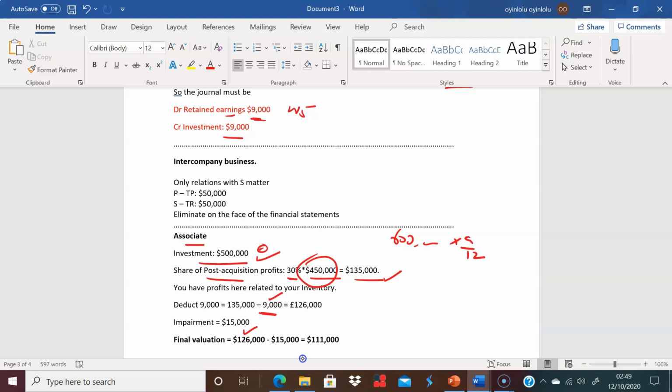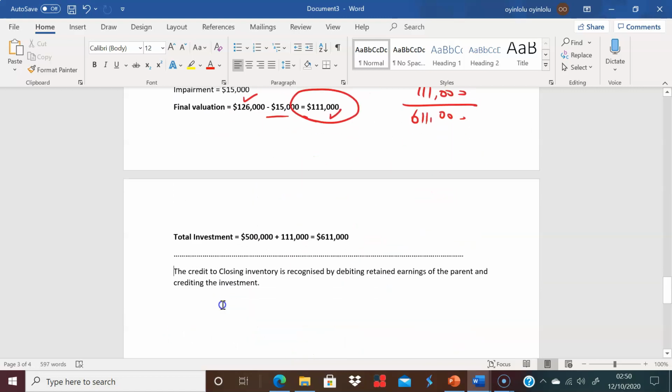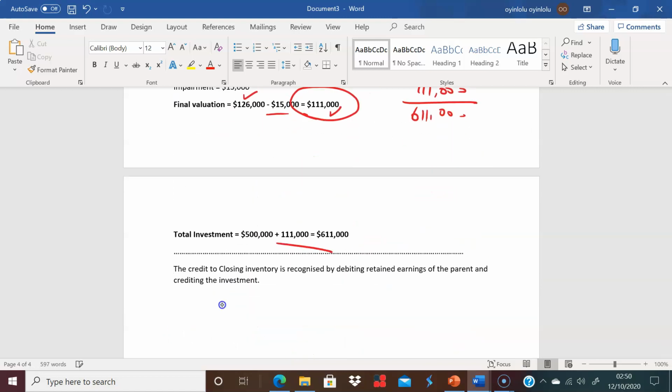Recognize the full impairment, leaving you with 111 as the valuation of the income or profits. That's 135 minus 9 minus 15. But as a whole, the entire investment, you started off with 500,000. Now you do all that together, so now you have 611,000. And that's how you deal with that 611,000.